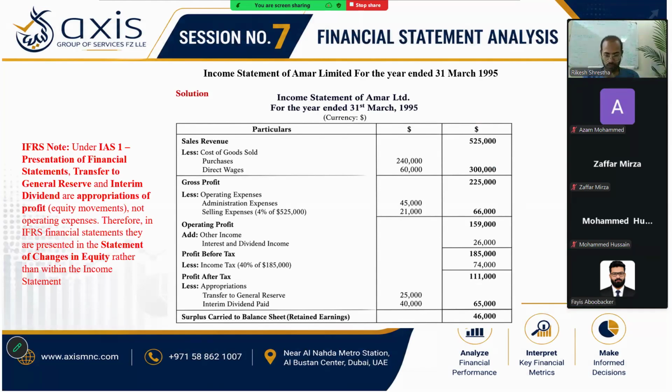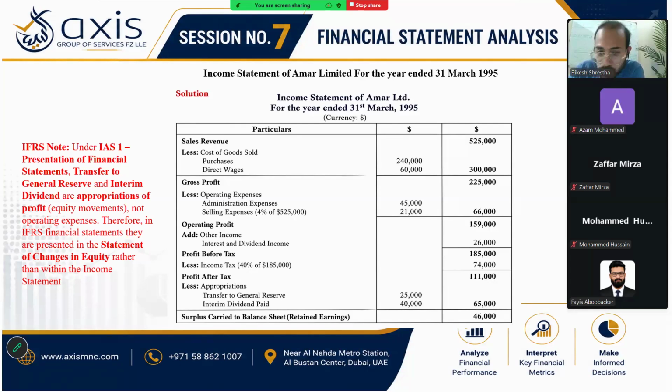IFRS note. Under IAS, presentation of the financial statements, transfer to general reserve and interim dividend are appropriations of profit, equity movements, not operating expenses. Therefore, in IFRS financial statements, they are presented in the statement of changes in equity rather than within the income statement.